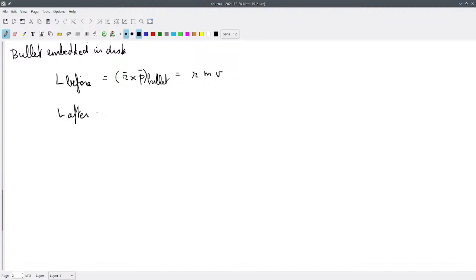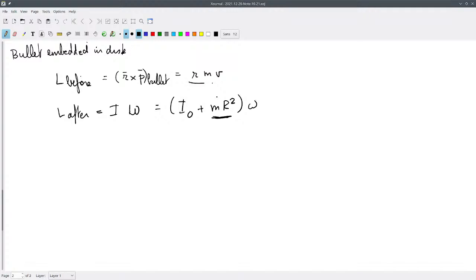Afterwards, we will have I times omega, which now consists of the initial moment of inertia of just the disk plus mr squared, which is the component of the moment of inertia from the bullet, which is now embedded in that disk, and then omega.